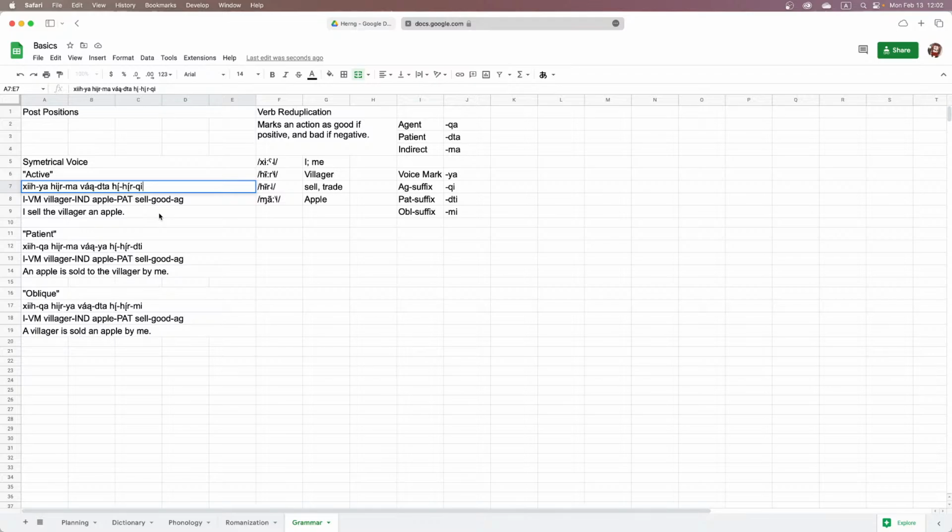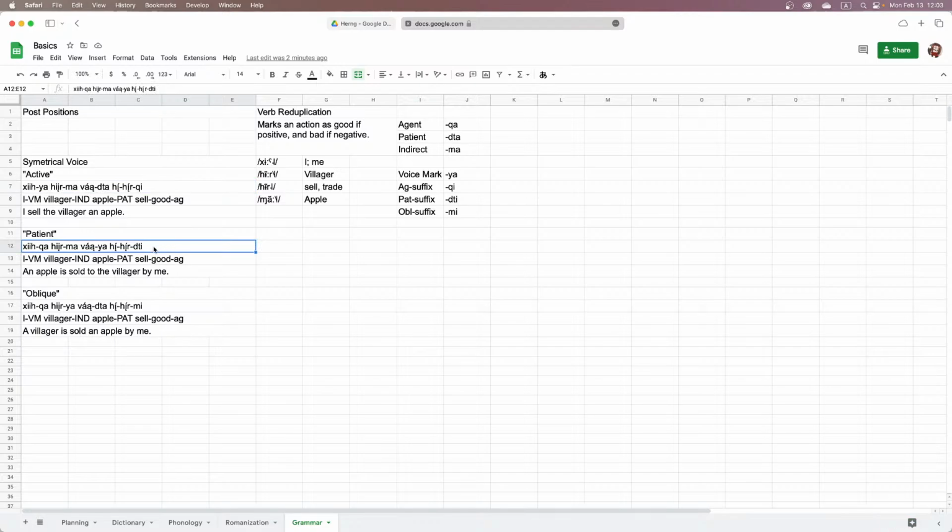You can see that in action here for the active voice of the symmetrical voice, where the subject is marked with ya, and the agent is marked on the verb itself.